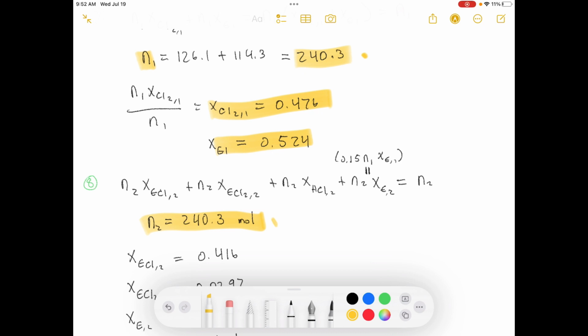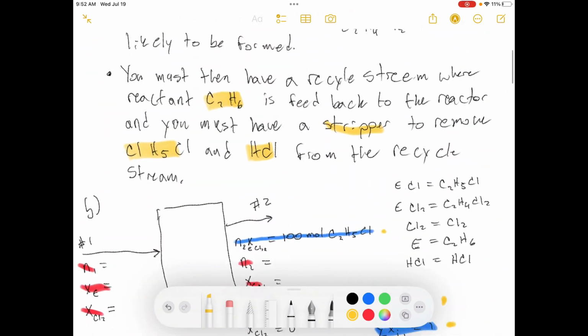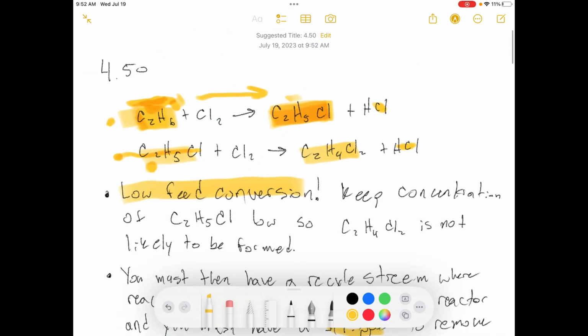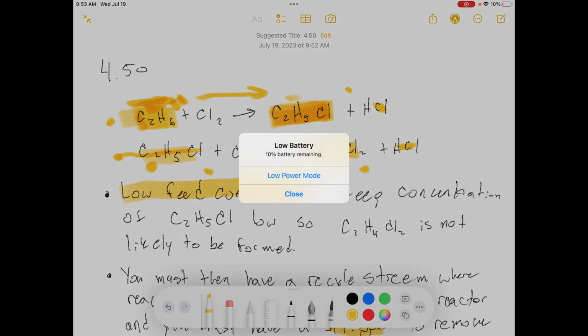If you look at our equations from the very beginning, you'll notice that 2 moles makes 2 moles, and 2 moles over here makes 2 moles over here. Okay, so no matter how many chemical reactions you have going on, in this instance specifically, N2 should equal N1, because you're not creating or consuming moles.